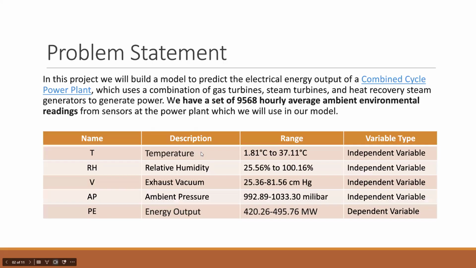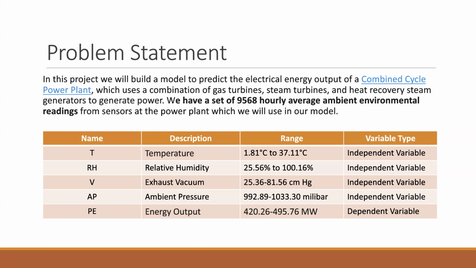So speaking about the problem statement, in this project, the ask was to build a predictive model so that we can predict the electrical energy output for a combined cycle power plant, which has almost an hour worth of data from various sensors, including gas turbines, steam turbines, heat recovery steam generators, and so on.